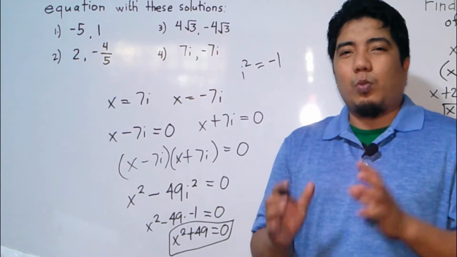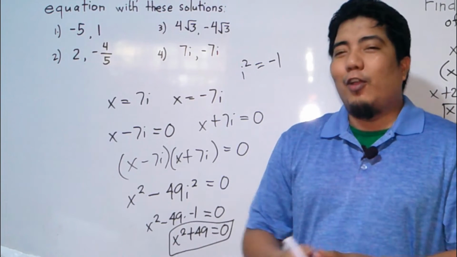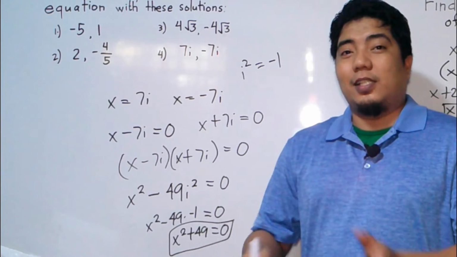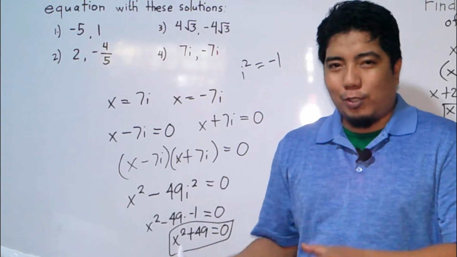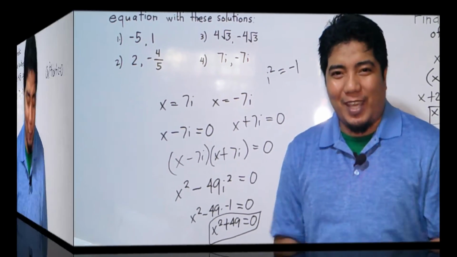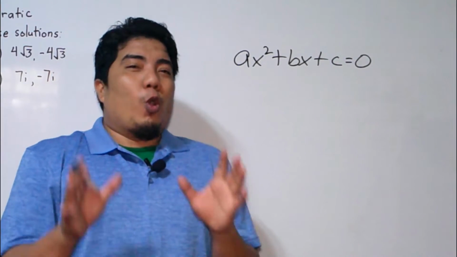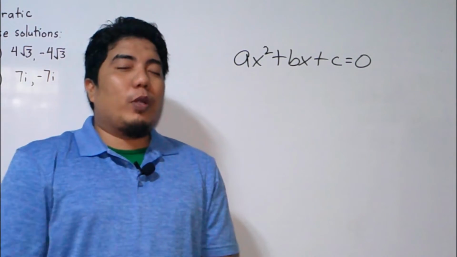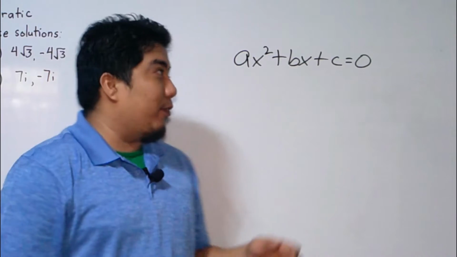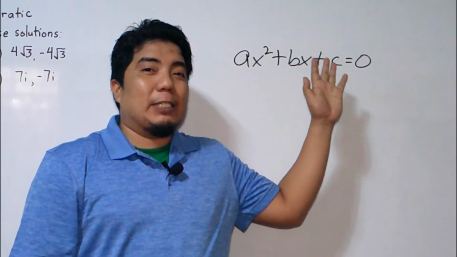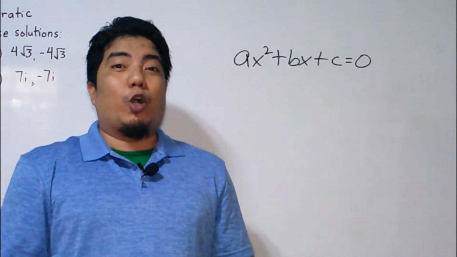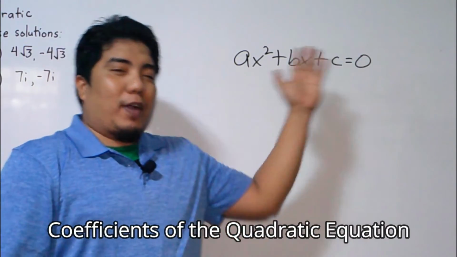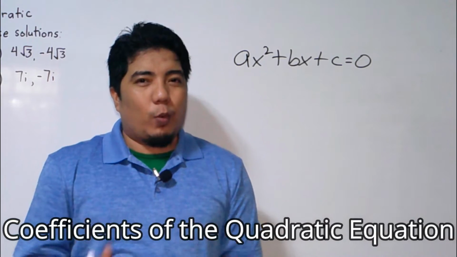Yes. And that is what we call the second part of our discussion, which is the relationship between the coefficients and the roots of a quadratic equation. So here it is. Okay, math learners, we know that our quadratic equation has the standard form ax squared plus bx plus c is equal to 0. A, b, and c are what we call the coefficients of our given quadratic equation.